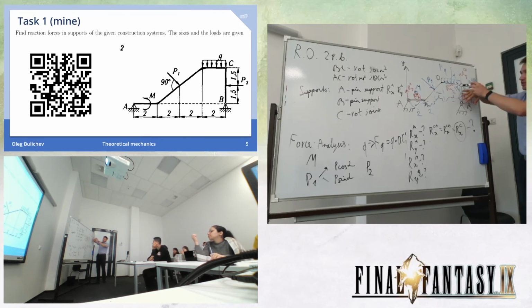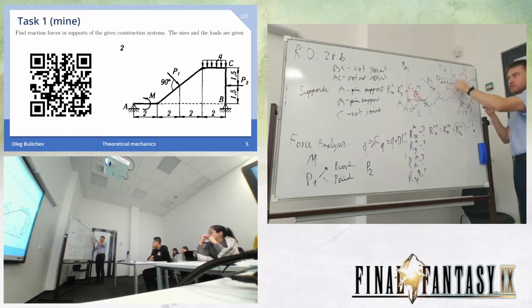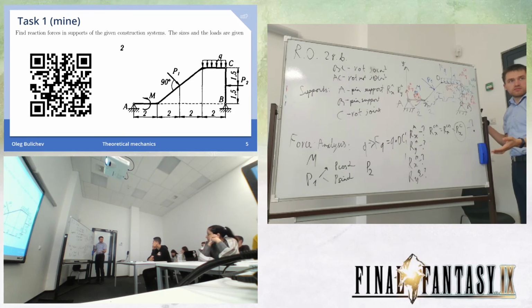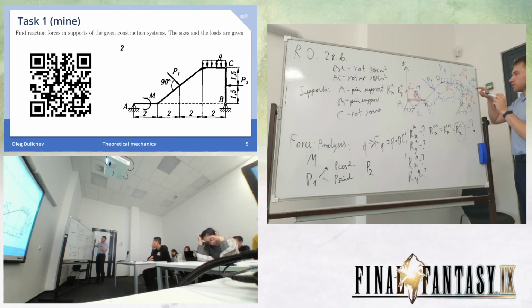So this reaction, CA, appears because of this body, because we have touched it. The reaction RxCB appears because of the other body, but they're the same magnitude. And RyCA equals RyCB. That is the reason why they are equal.